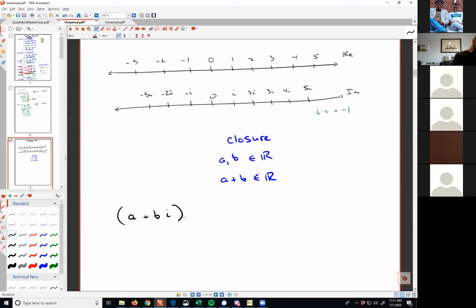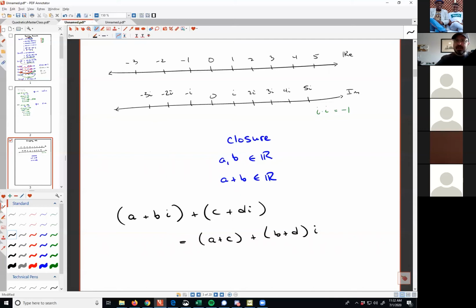We take one complex number and add it to another. Is the result a complex number? Yes. It would be a plus c, in brackets, plus b plus d, i. We can add them and get a complex number. We can subtract them and get a complex number.